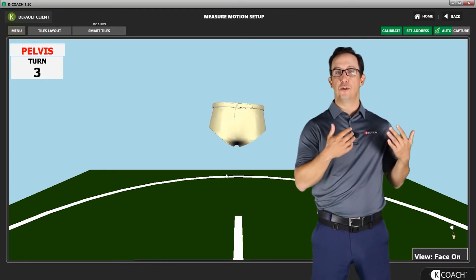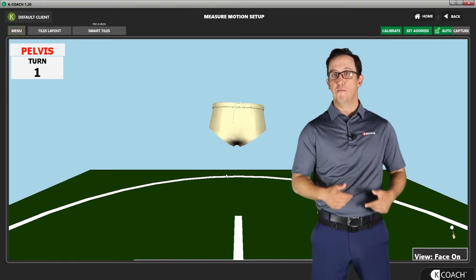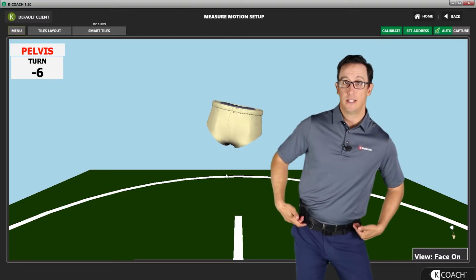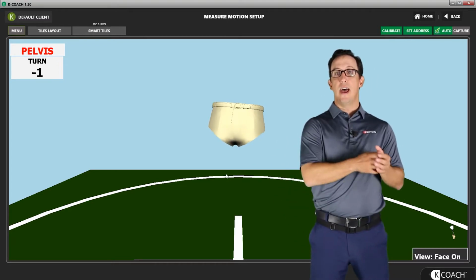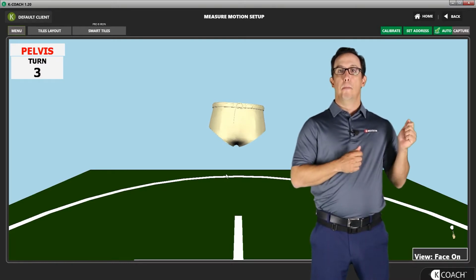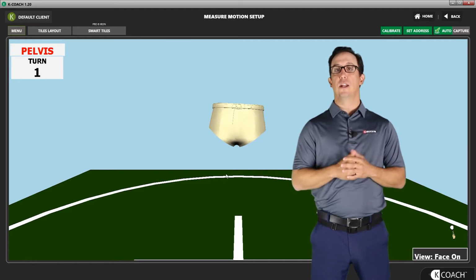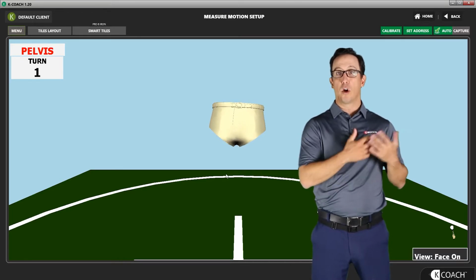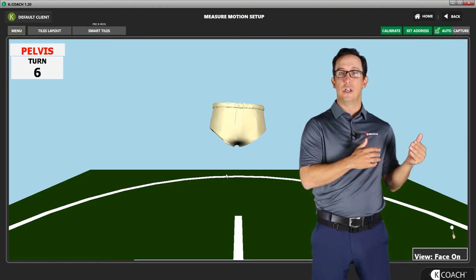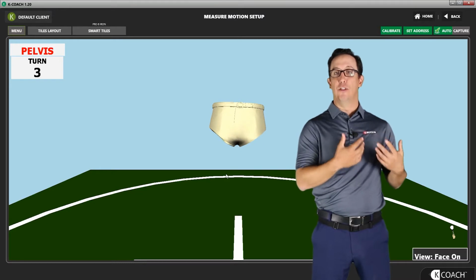When a player can produce rotation and remain stable in the other movements of forward and backward bend and side bend, then they have the ability to use that rotation. But if they are achieving the rotation by losing stability in those other metrics, more commonly they will not have the ability to use that rotation in a good way to produce speed in their golf swing.